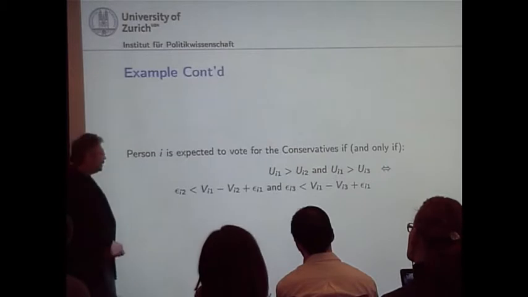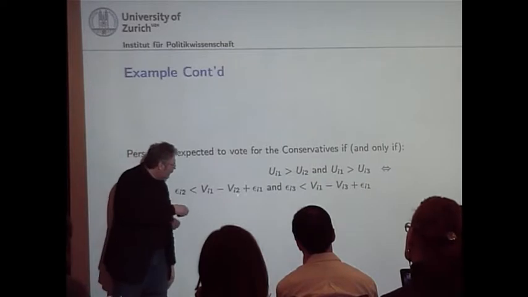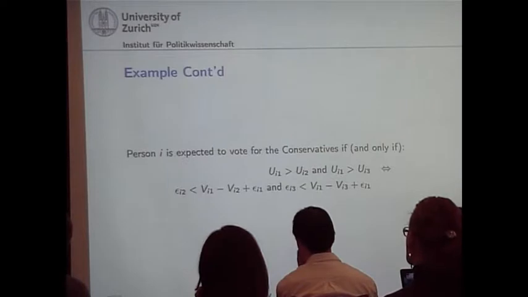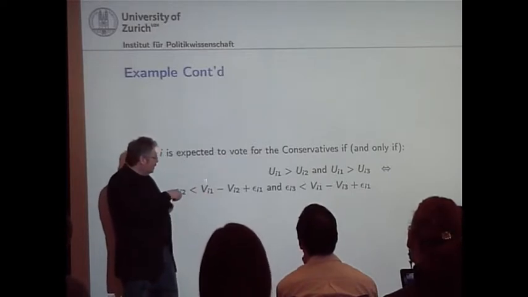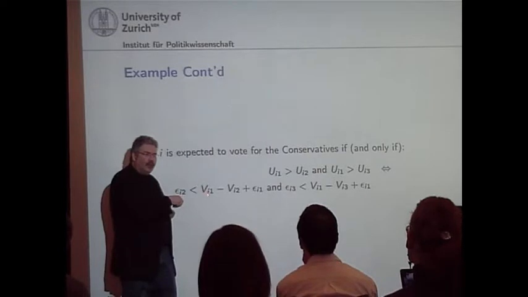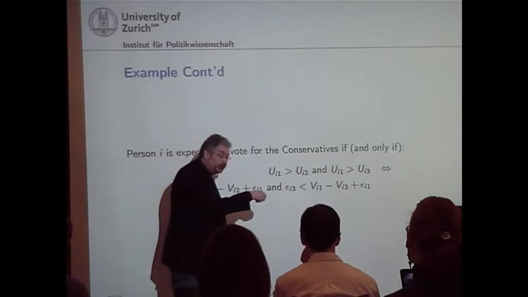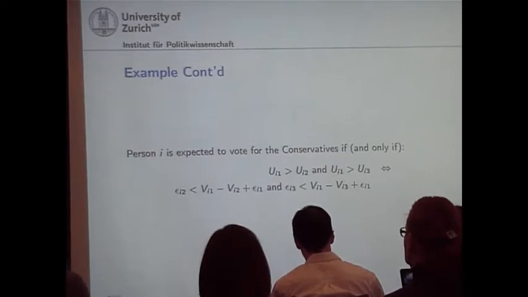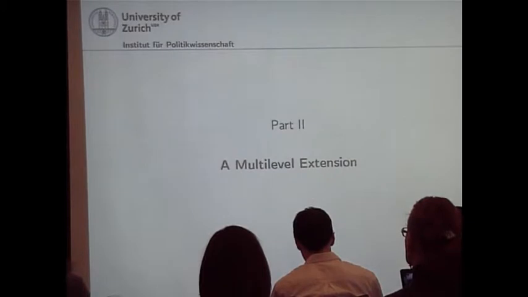But what comes to our rescue is what I already mentioned earlier: it's actually not the absolute utilities that matter, but the utility differences. It doesn't really matter if I say this is 0, because it's not the absolute value of V1 that matters, but its relative distance to V2 or to V3. So we can actually make this baseline choice without any difficulties.